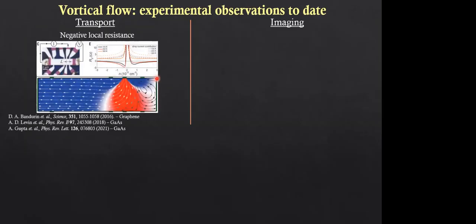So now the question is whether someone has observed this vortical flow in any system or not. I'll be dividing the observations into two sections. One is transport, another is the imaging part. In transport, people have for a long time observed negative local resistance in graphene or gallium arsenide systems.